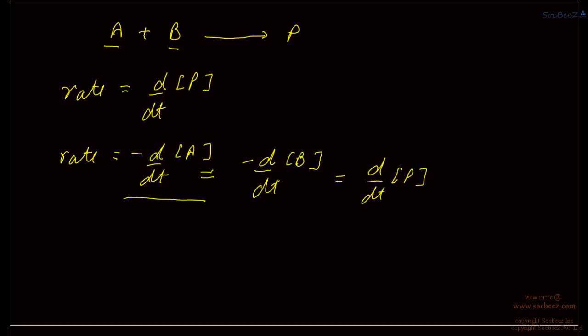Now, what drives that reaction? This must be a question in your mind. Well, a reaction is always driven by collision of molecules. When A and B collide with each other, they give us products. So there are two theories driving chemical kinetics.